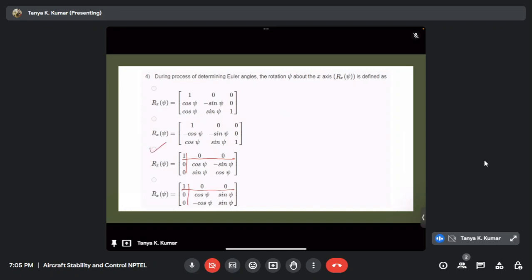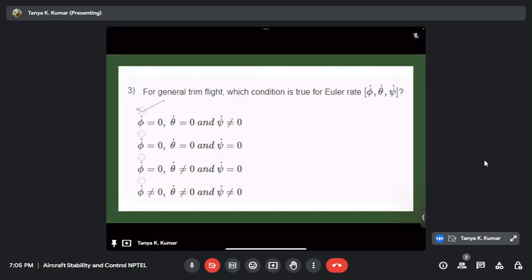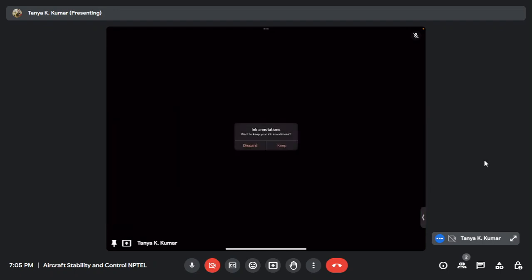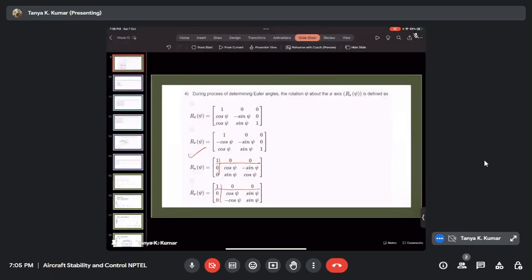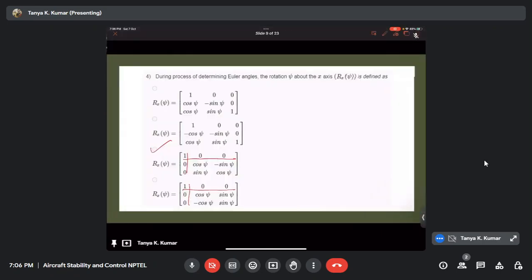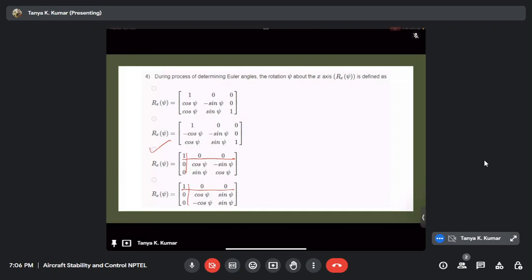So this is the correct rotation matrix of the x-axis. You can see here, which was x. Yes, this was x. Correct? Just correct me if I'm going wrong anywhere, okay?